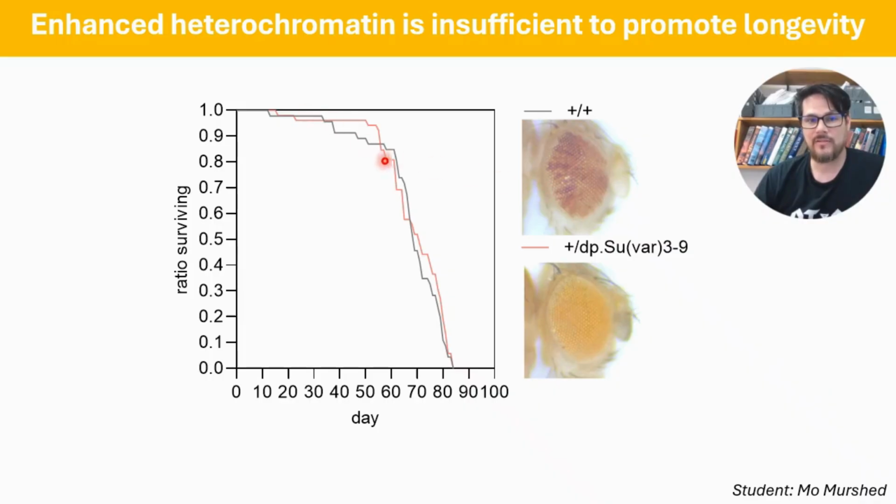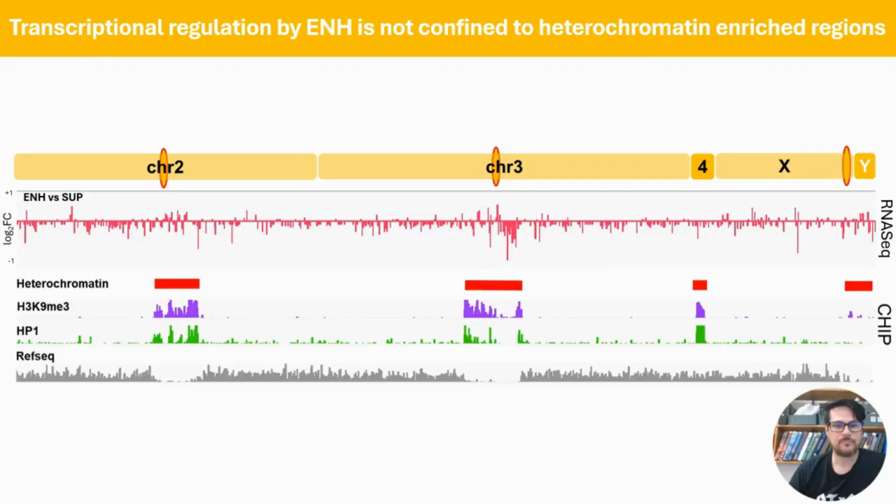But if we look at the lifespan of these flies, they don't appear to live any longer, which suggests that overall, just having enhanced heterochromatin phenotypes alone is insufficient to promote longevity. So there might be a little bit more to this enhanced heterochromatin allele than just enhancing heterochromatin to cause longevity.